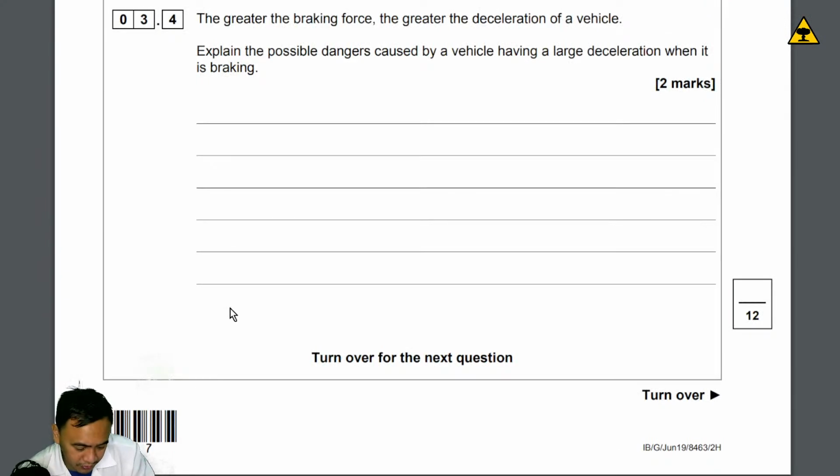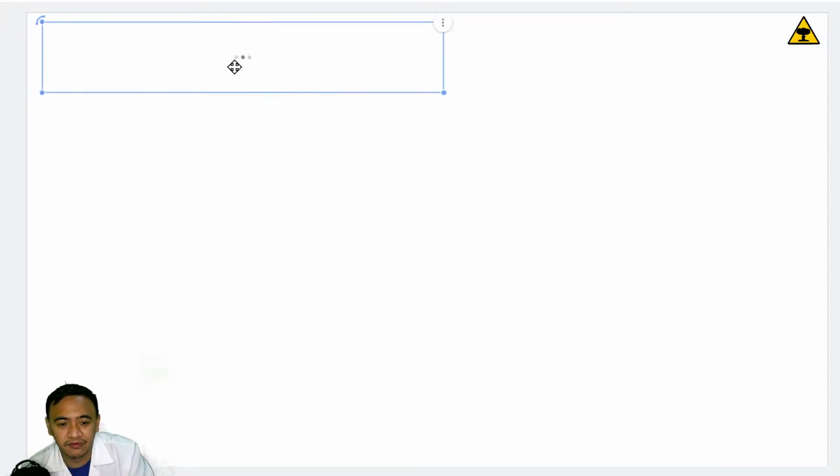The greater the braking force, the greater the deceleration of the vehicle. Explain the possible dangers caused by a vehicle having a large deceleration while it's braking. Possible dangers of braking too fast.